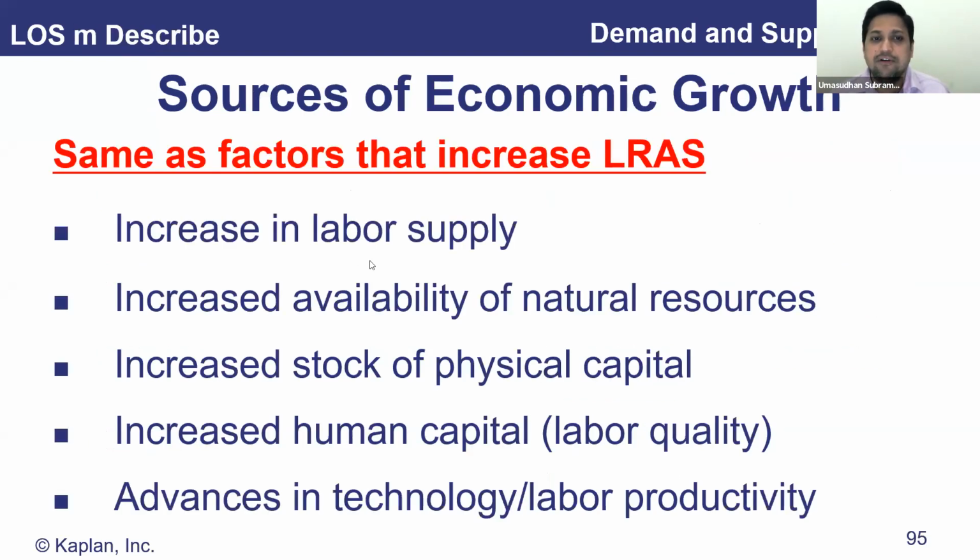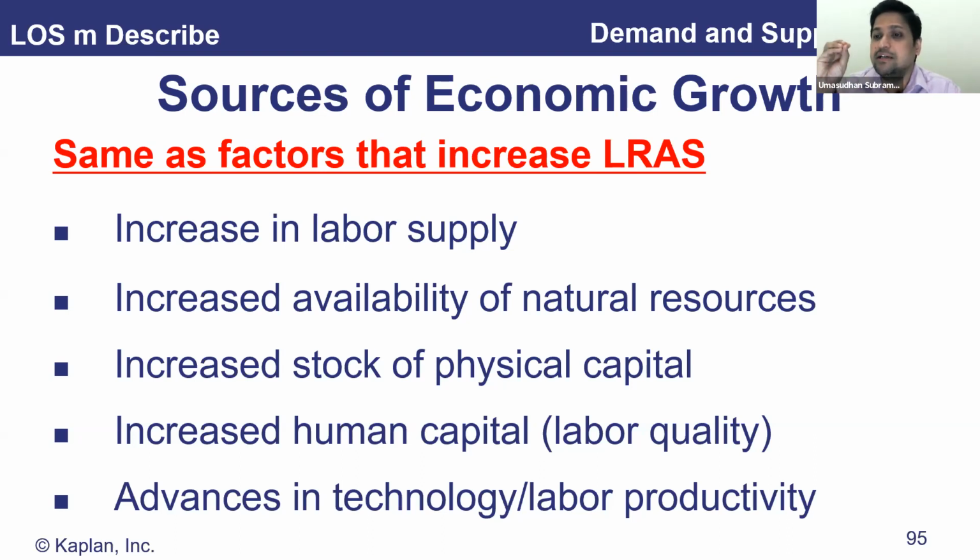Going into 95, I'm not going to spend much time on 95. I hope you remember this. Sources of economic growth: what can increase economic growth in a country in the long run? These are the factors.